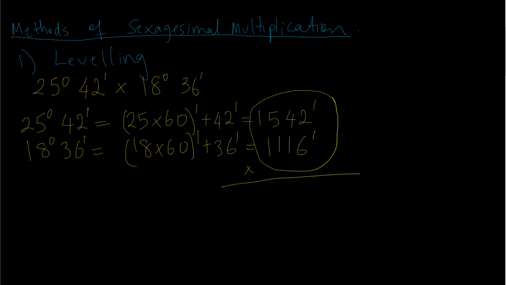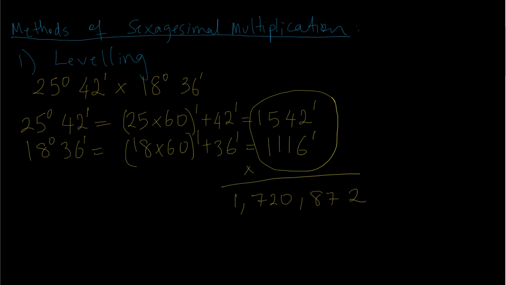So if you multiply these two numbers, the result is 1,722,872. Now the question is, what is the unit of this number? What happens if you multiply minutes by minutes? You need to remember the rules of exponents here.